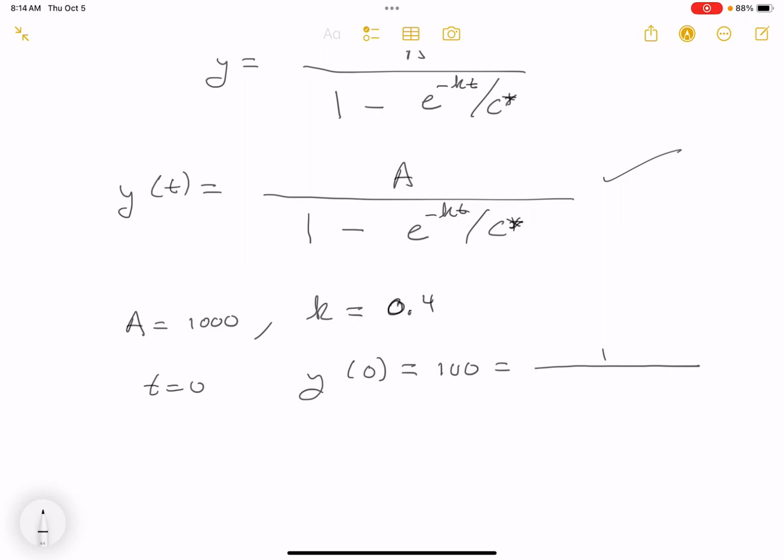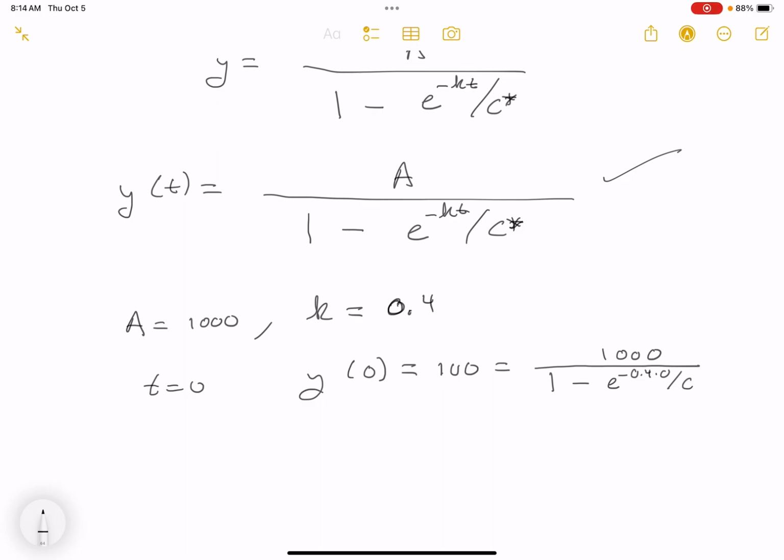A is 1,000. And what do you get here? You get 1 minus, well, let's be careful about this. I have to write down what I'm getting over here. So it's going to be e to the minus K, which is 0.4. Well, T is going to be 0. That makes it a lot easier for me.